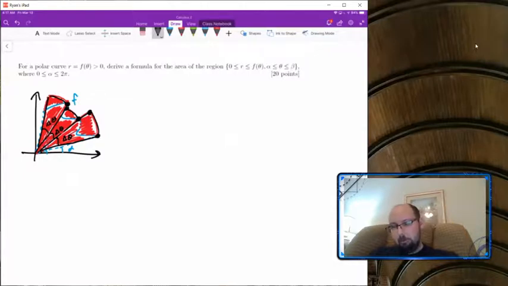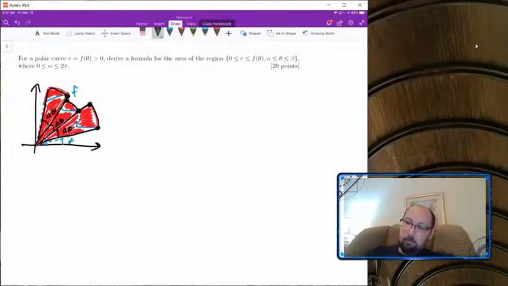Now, what we need to do is somehow run the number of wedges to infinity and add up all their areas. It's not too simple because we need to write down what the area of an arbitrary wedge is. If you notice, they're all sectors of a circle, technically.